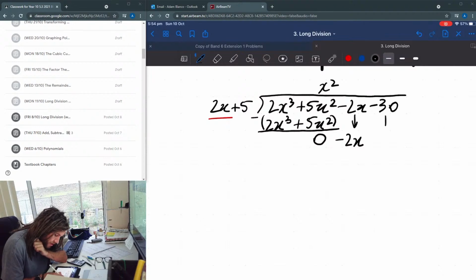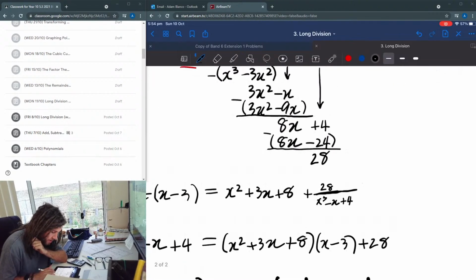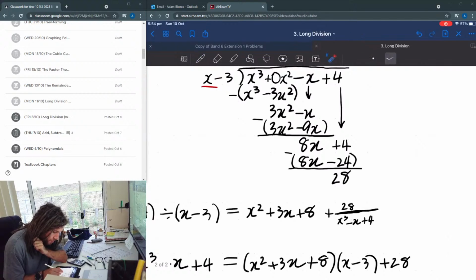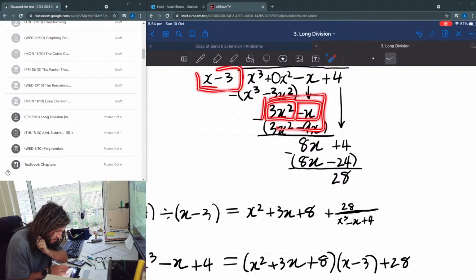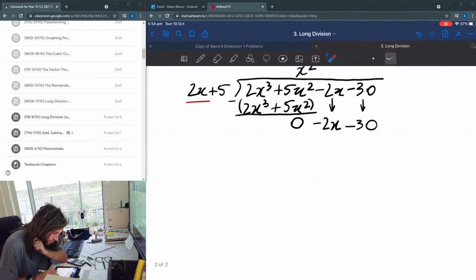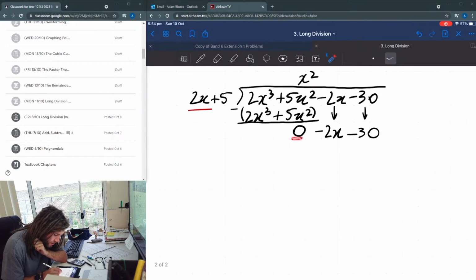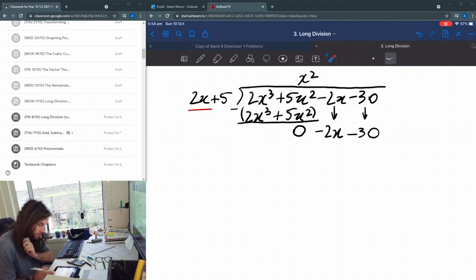Normally you end up with a term, and then you add a term on, so that this has two terms, and so does this. What I ended up with here is nothing, so I needed two more terms, so I bring both of them down.